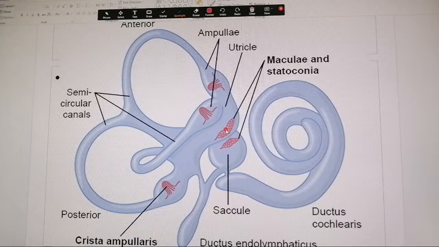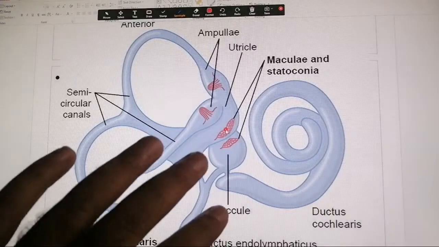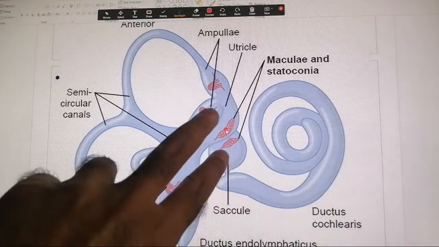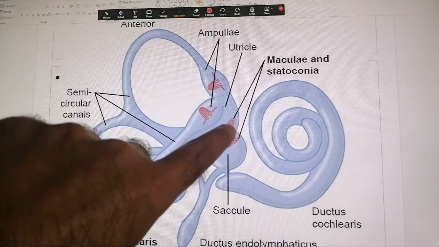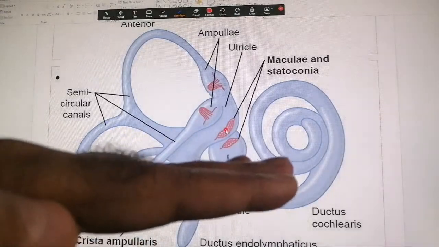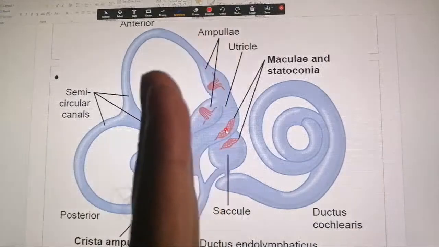Okay, let's focus. These are examples to clarify what these organs do. In the real world, of course, there are no exact hard and fast rules of axes. I'm just giving you an example to tell you that the utricle is to do with the horizontal, while the saccule is to do with the vertical.